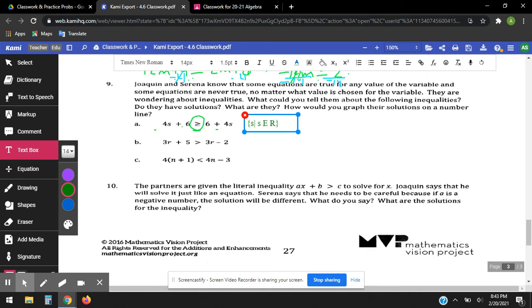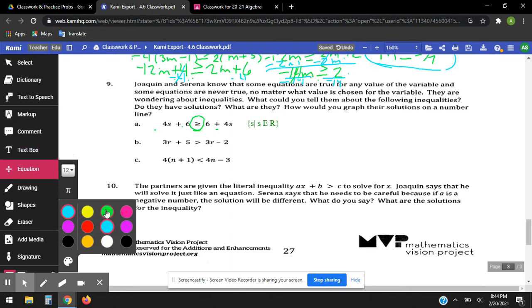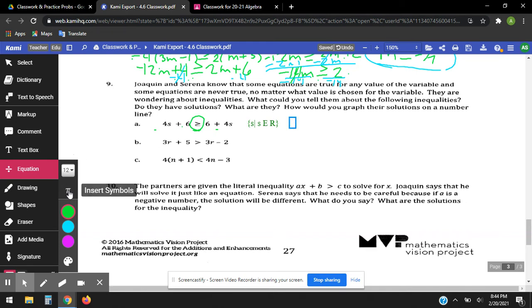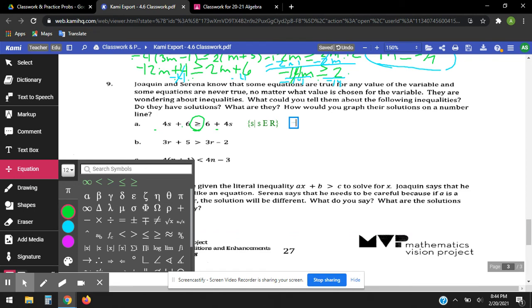And then the other one, if I were to do my interval notation, then it would be parentheses, negative infinity, comma, infinity, right? Because I would actually be able to use any number and they would be the same.